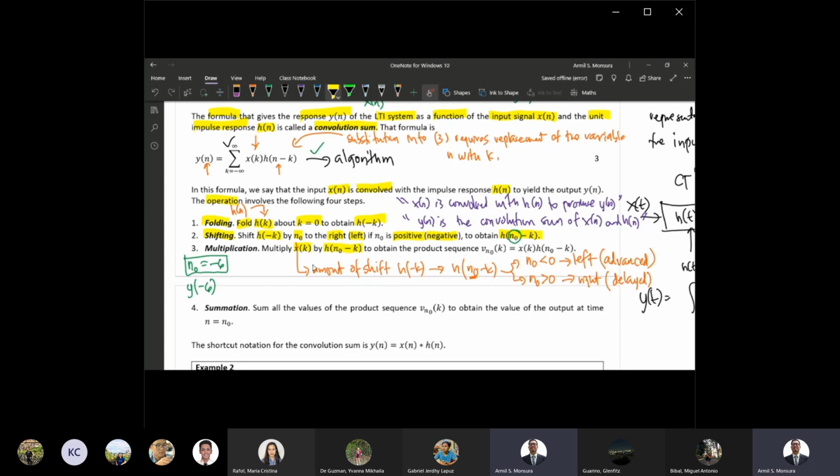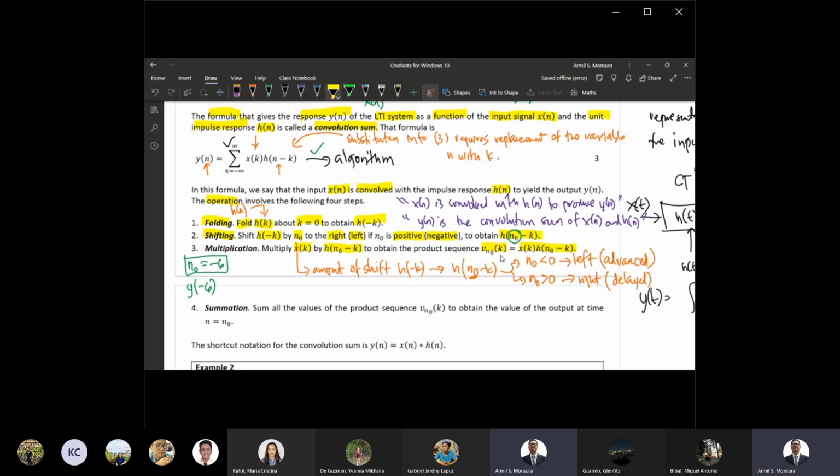We multiply x of k and the time-reversed then shifted h to form this product sequence. We'll call that product sequence v of k.